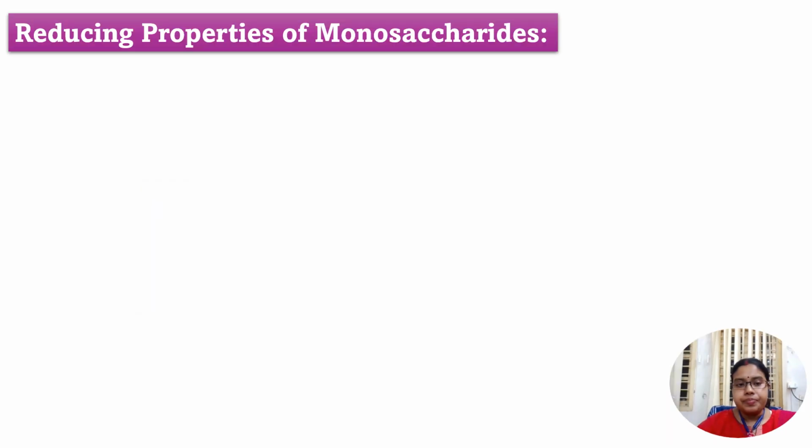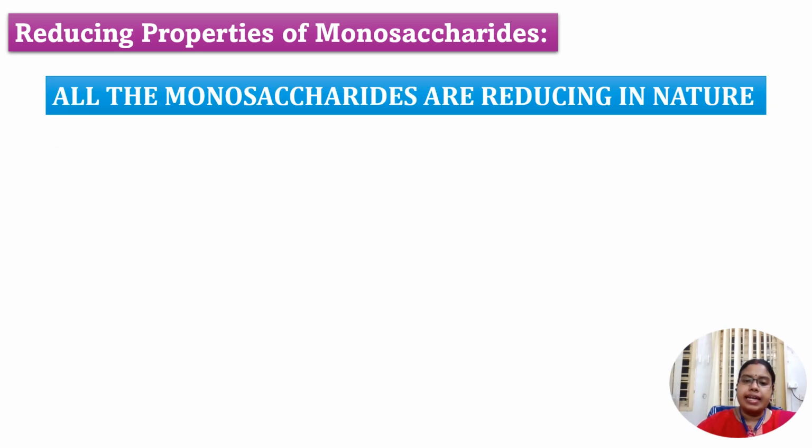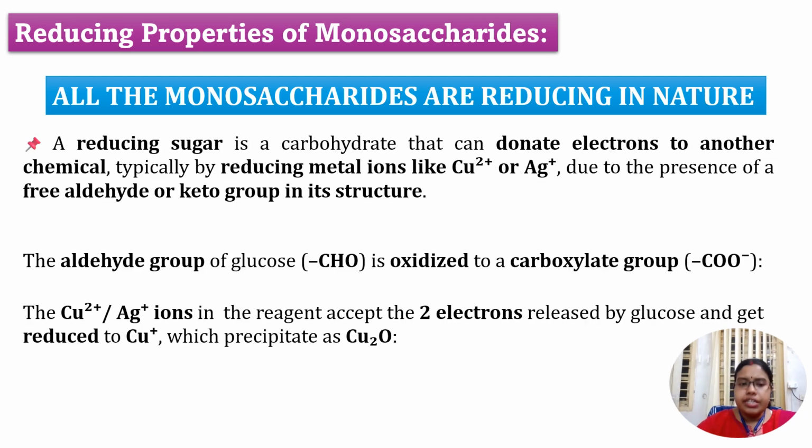The next property is the reducing property of the monosaccharides. All the monosaccharides are reducing in nature. A reducing sugar is a carbohydrate that can donate electrons to another chemical, typically by reducing metals like copper 2+ or silver +, due to the presence of a free aldehyde or keto group in its structure.